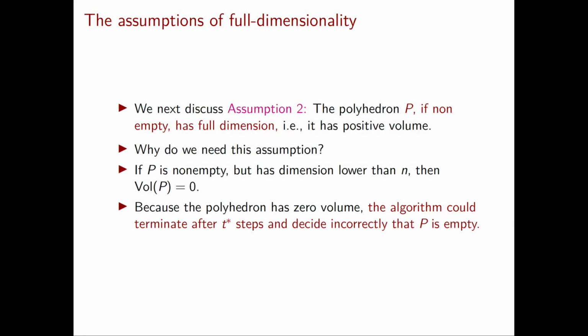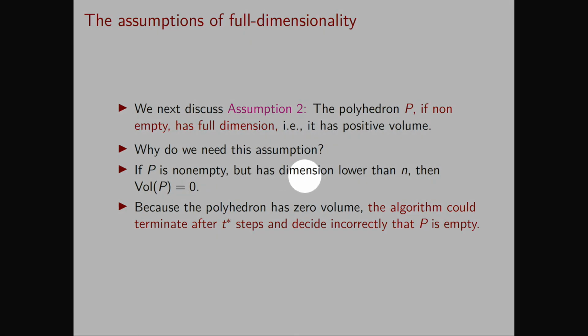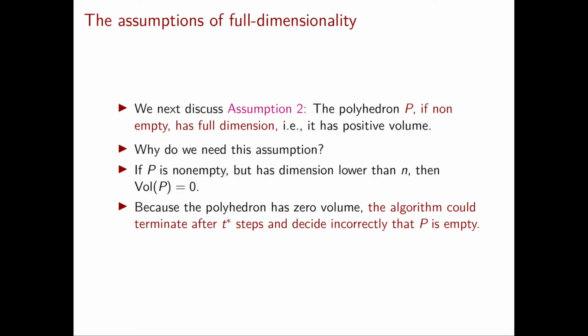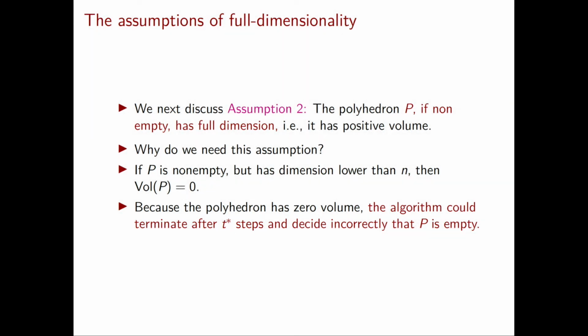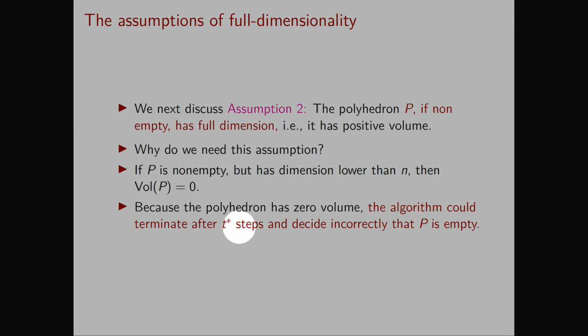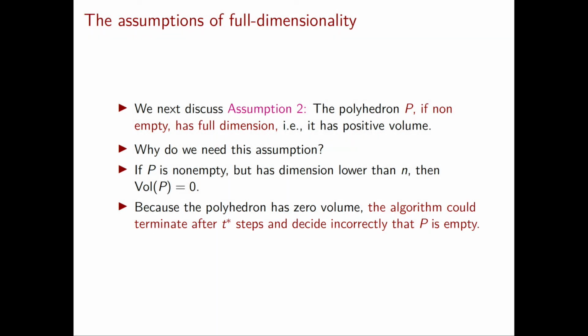For example, this happens for all the polyhedra that have dimension lower than n, like a segment in R2. Now you see that if such a polyhedron is used as the input of our ellipsoid method, the algorithm could very well terminate after t star steps because it never found a point in the polyhedron. After these t star steps, then the algorithm decides incorrectly that P is empty.